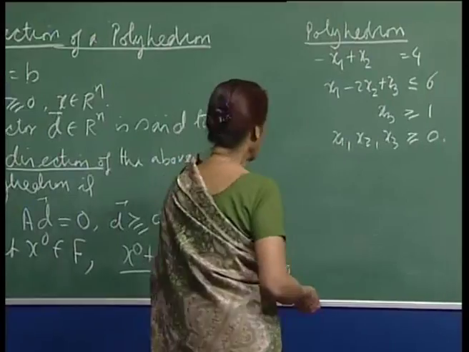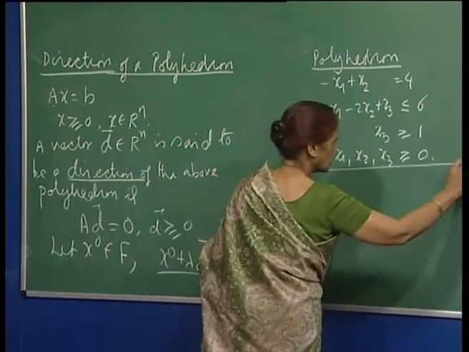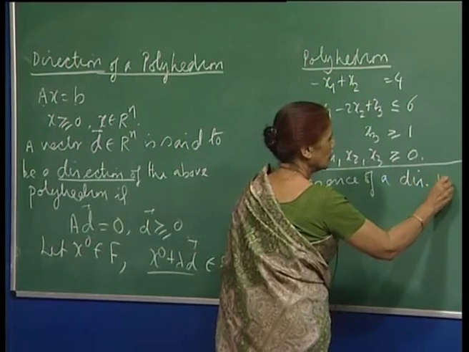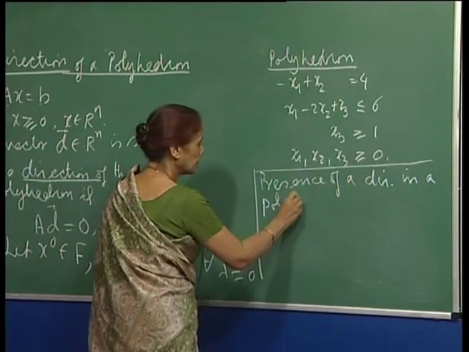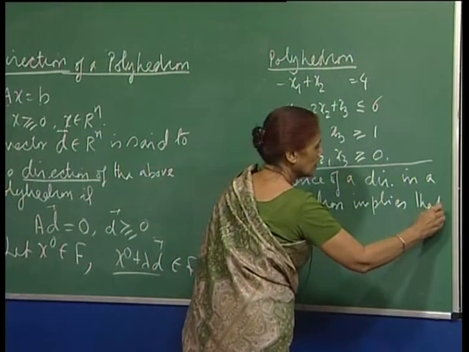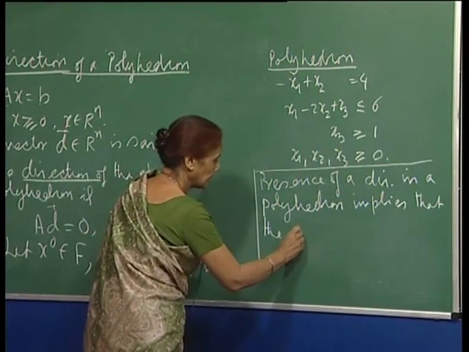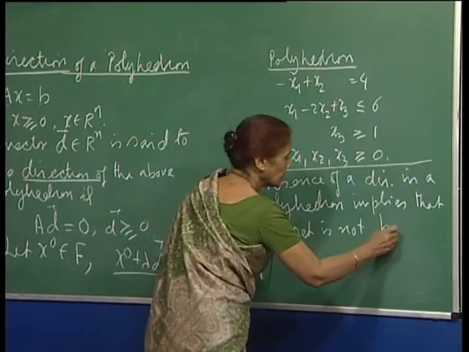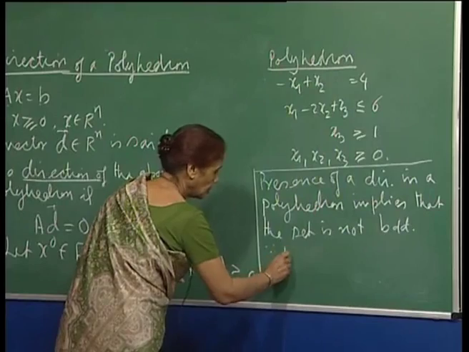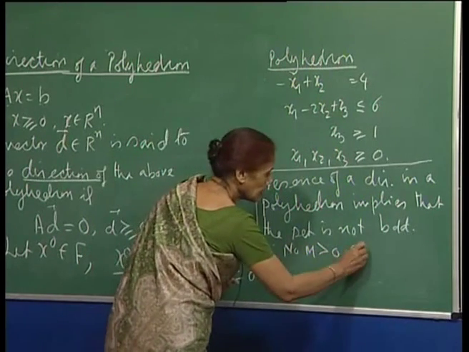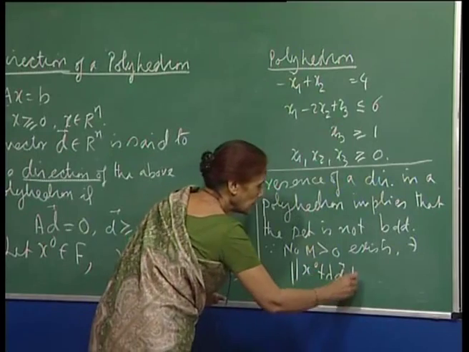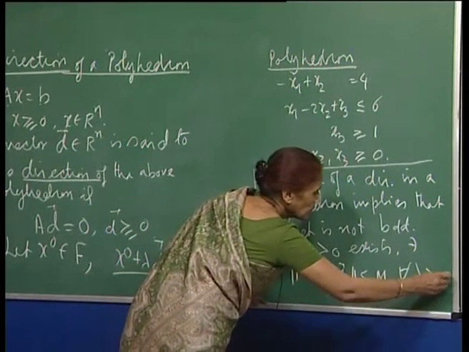So, the presence of a direction in a polyhedron implies that the set is not bounded, because no m greater than 0 exists such that the norm of x naught plus lambda d is less than m for all lambda greater than or equal to 0.